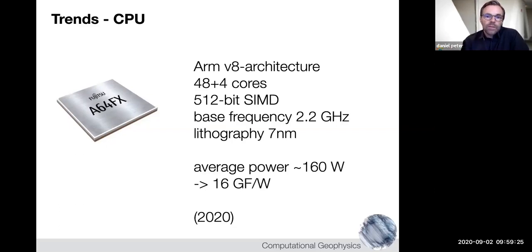And the machine is really basically just a CPU machine. So this is the CPU. It has no other computing chips, etc. Base frequency is about 2.2. You see the lithography went down to 7 nanometers. And at some point there is a physical barrier which you cannot go below.